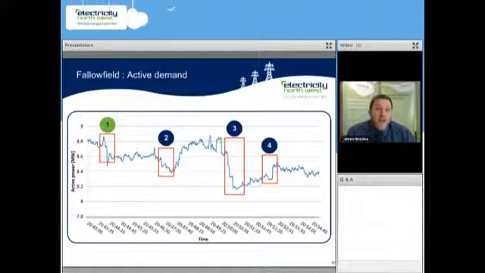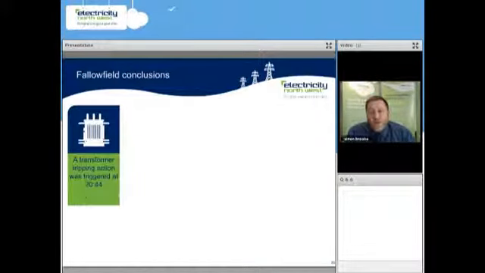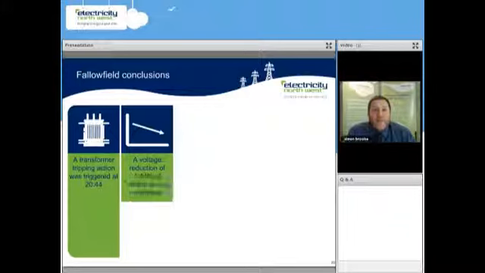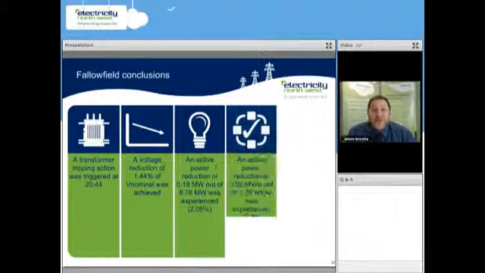Okay, so in terms of conclusions for Fallowfield then, the transformer tripped as expected, as it should do at 20:44. A voltage reduction was seen of 1.44%. An active power reduction was seen as 2%, and reactive power was actually seen at 13.9%.